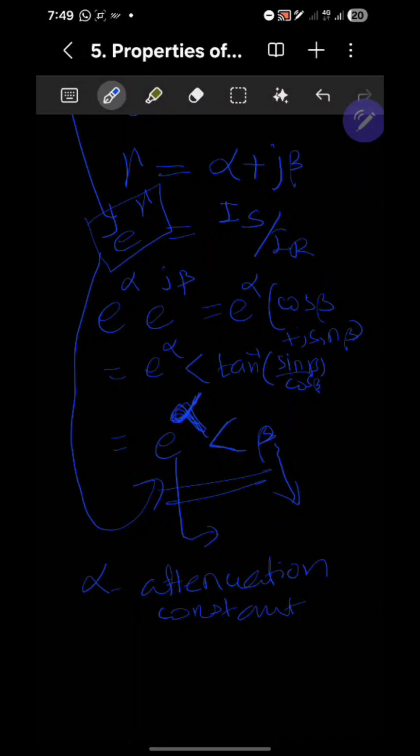That means the receiving current, how much it is reduced with respect to the sending current. The next one is beta, which we said is the phase constant. What will it give? It will give the phase difference. That means how much the receiving current lags behind the sending current. That information we'll get from beta.